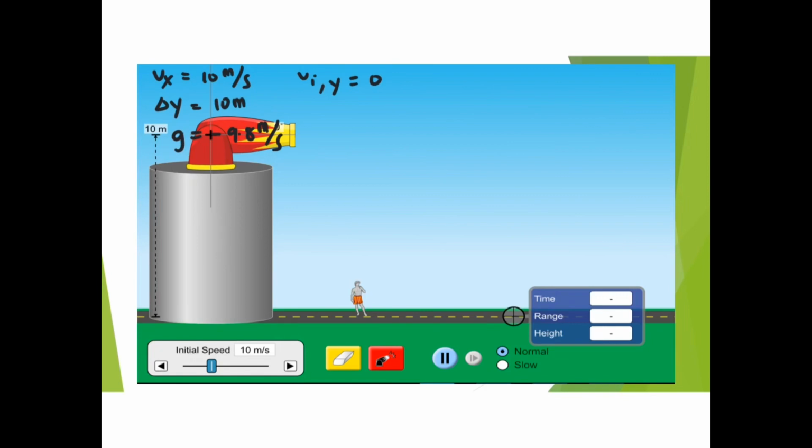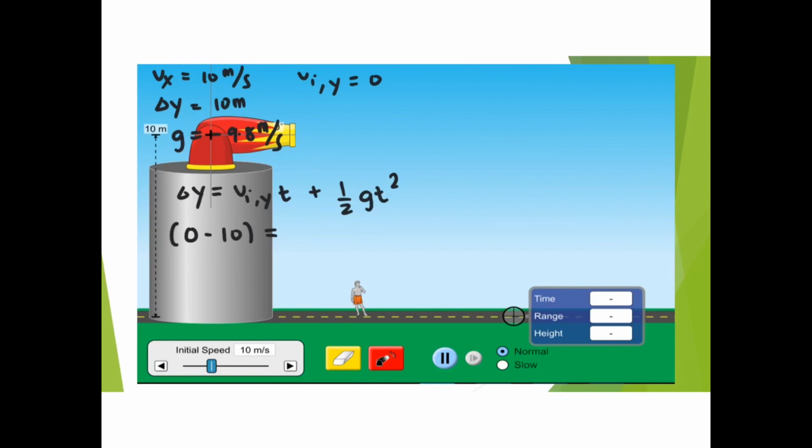So solving for time, we will use the equation delta y is equal to Viy t plus 1/2 g t squared. This equation would allow us to solve for time. Let us substitute our values. Our delta y would be the final position minus the initial position. So the final position, the object is on the ground, that's going to be 0, minus the initial position, which is 10 meters above the ground.